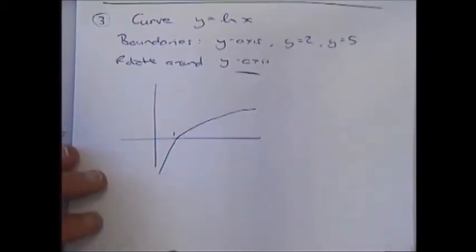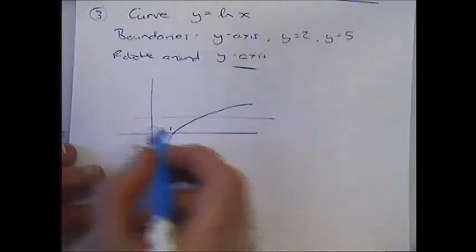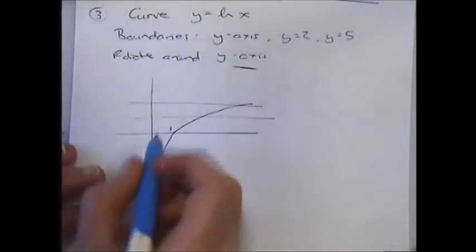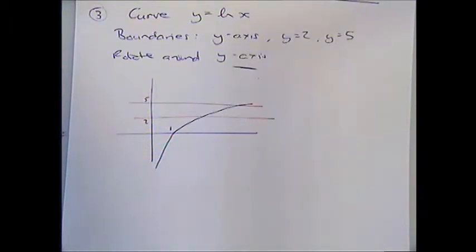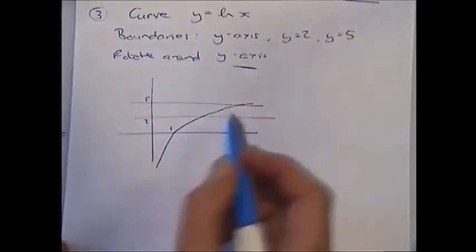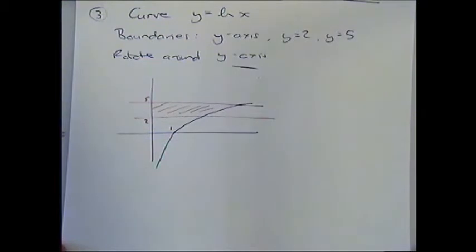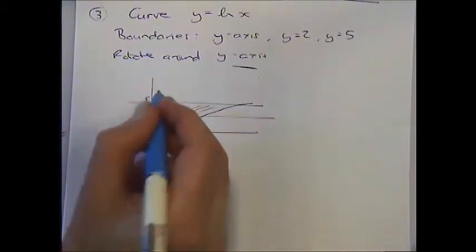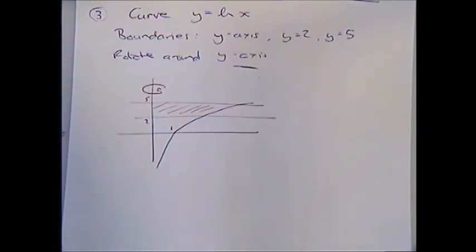Then I'm interested in the lines y equals 2 and y equals 5. So the area bounded by the two red lines and the y-axis and the curve will be this here. So that is the area I'm dealing with, and I'm rotating this one around the y-axis.